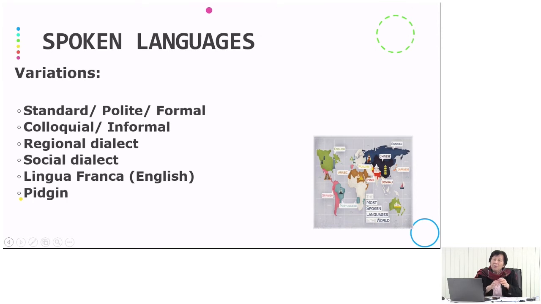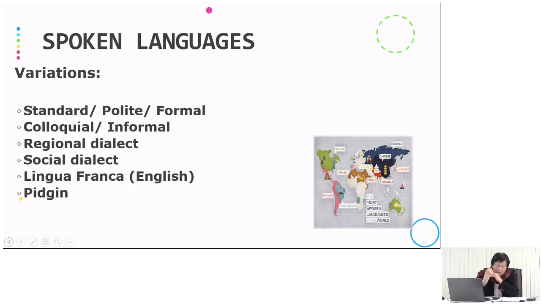When we talk about variations of spoken forms or spoken language, it means that in one person or in one particular group of people, they might use different kinds or different variations of the spoken language.